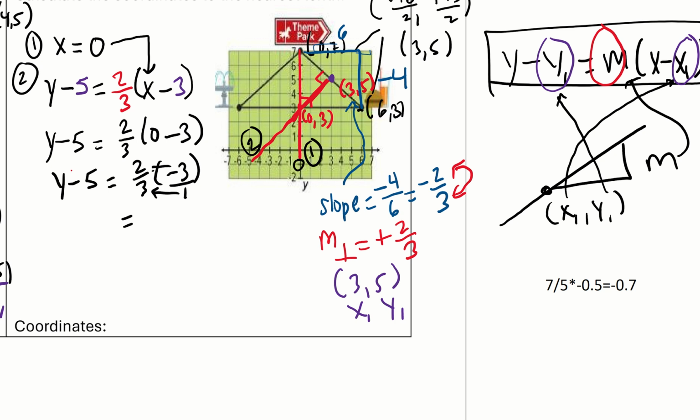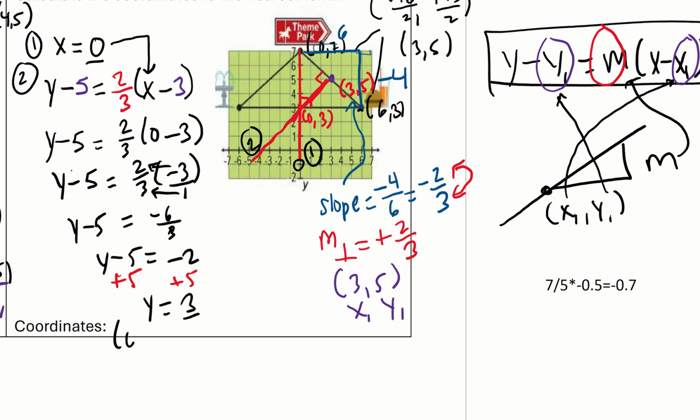Multiply straight across. So 3 times negative 2 is negative 6. And then 3 times 1 is 3. And then we got y minus 5 equals negative 6 divided by 3, which is negative 2. Right? And then we can just add 5 to both sides. Okay, y equals 3. So it actually does cross at 3. It crosses at x equals 0 and y equals 3. So 0, 3, there's my answer, done.